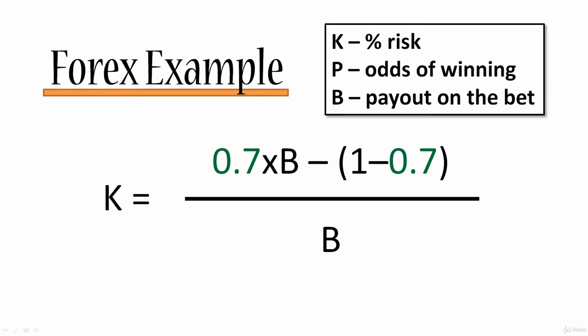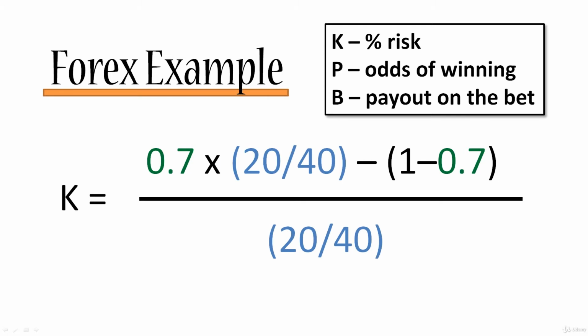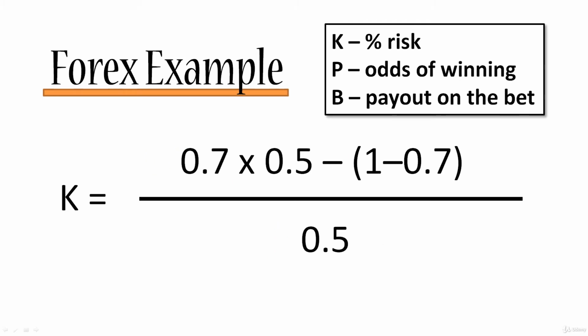So in our case, P is equal to 70% or 0.7 and B is equal to 20 divided by 40, and that means 20 is our take profit and 40 is our stop loss. That's why we're dividing one by the other. So if we calculate this, then we'll get 0.7 times 0.5 minus 1 minus 0.7, divided by 0.5.